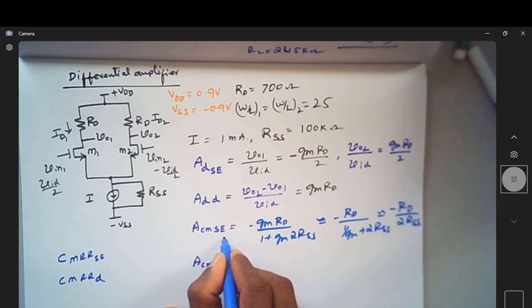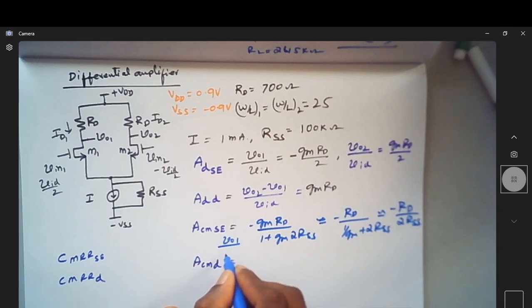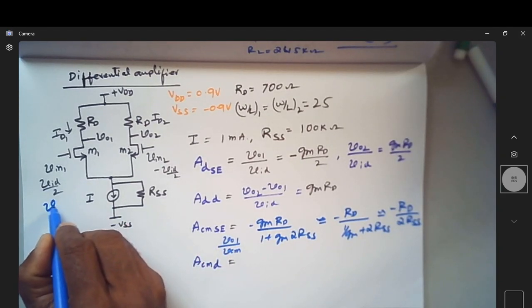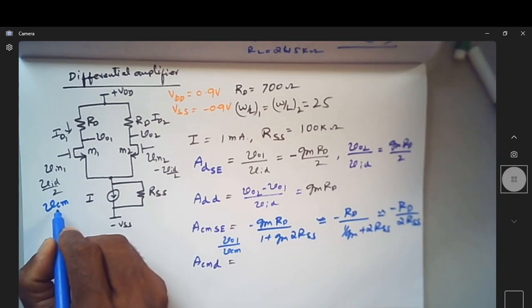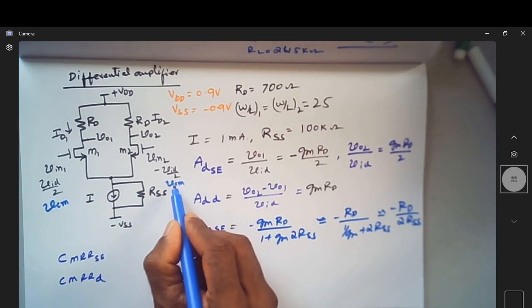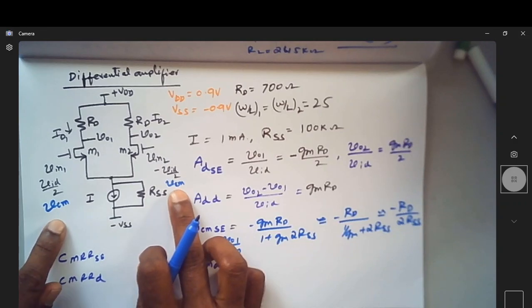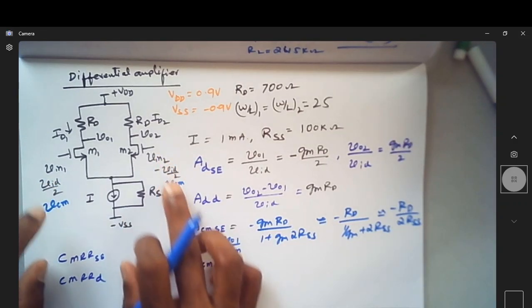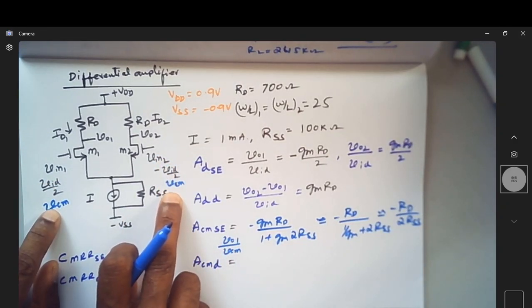When I say this is V01 by VCM, I apply inputs as VCM and VCM. When I say VCM, it is a common mode signal. You can see I'm applying the same type of signal to both Vin1 and Vin2. That's why I call it a common mode signal.